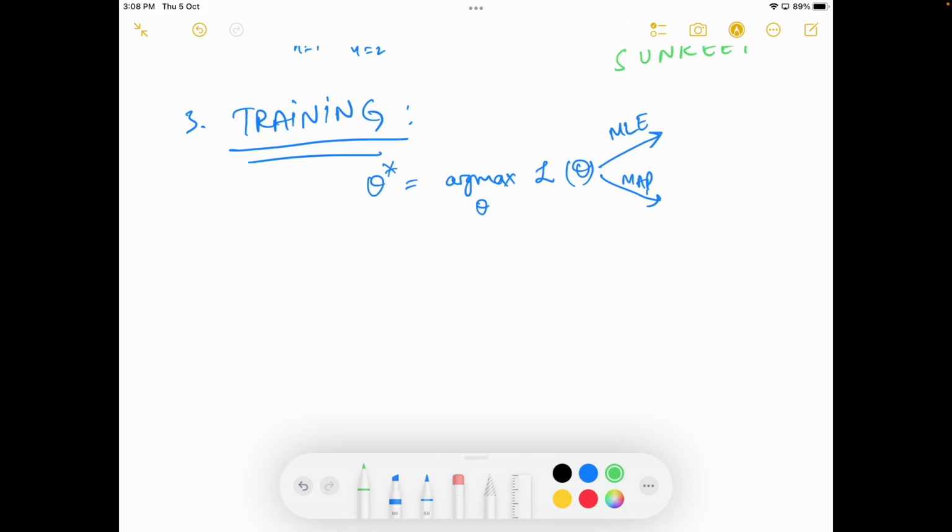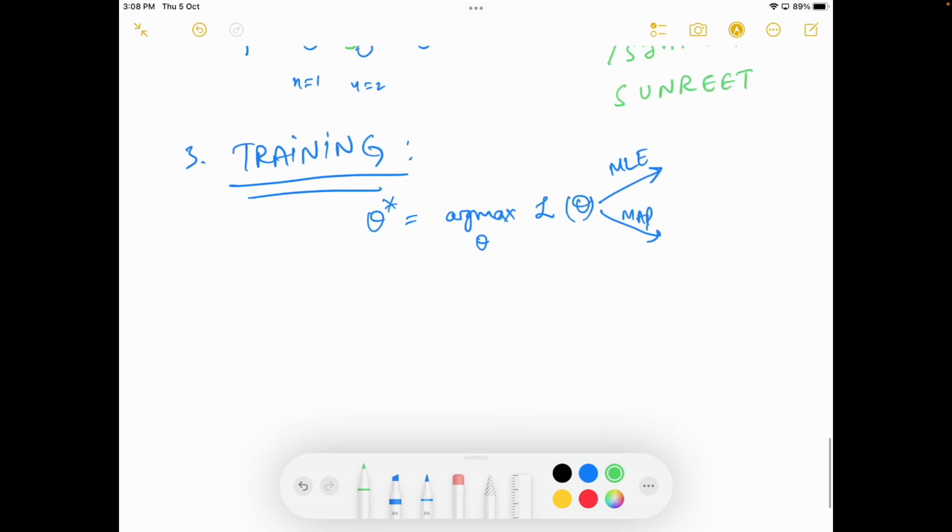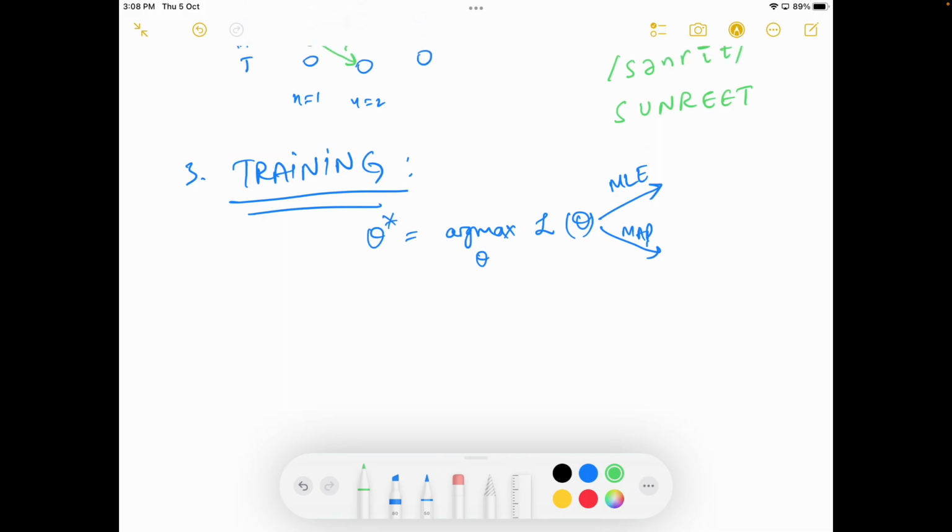Okay, training. Let's come to training now. What is training? What is the MLE loss, the MLE objective function? Have you been able to write it? The MLE objective function, and then the MAP objective function.